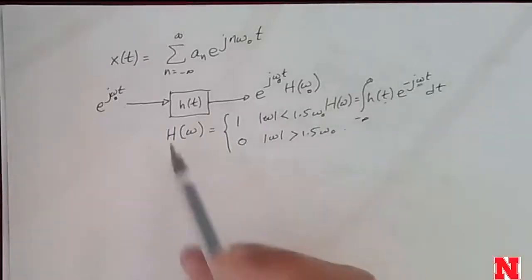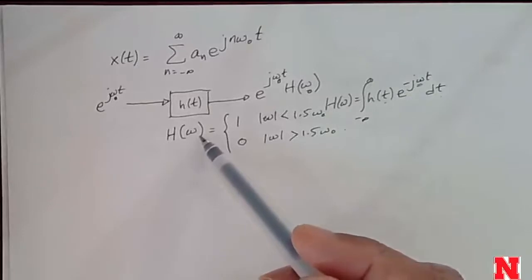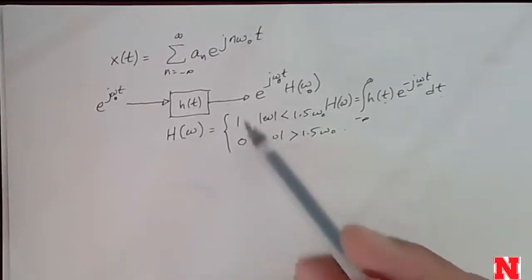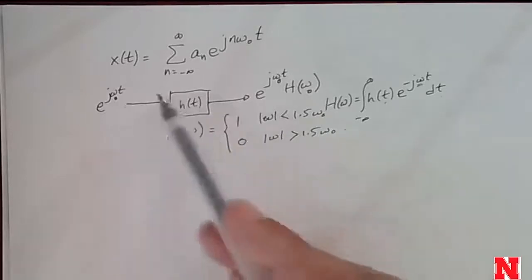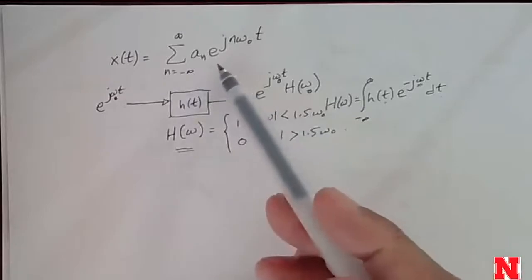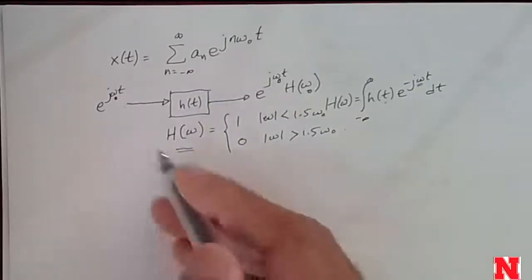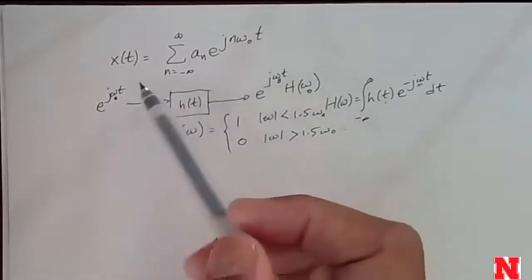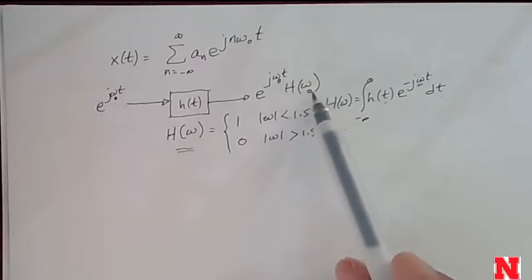Okay, and then what we'll do is we'll pass this signal through this filter with this transfer function, by the way, and we will get out the DC coefficient and the first frequency coefficient. And the reason we can do that is, remember that e to the j omega naught t, if I put it into this filter, I get e to the j omega naught t h of omega naught.